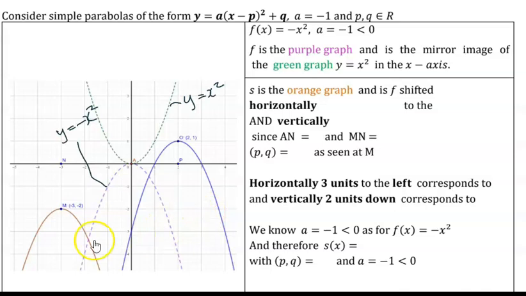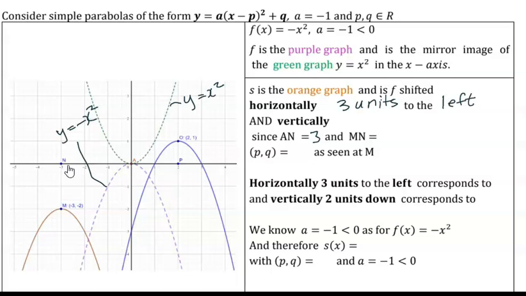So S is this orange graph here. So what happens to the orange graph? The orange graph is f that was shifted horizontally how many units? From A to N, or AN, is 3 units. Horizontally it shifted 3 units to the left.